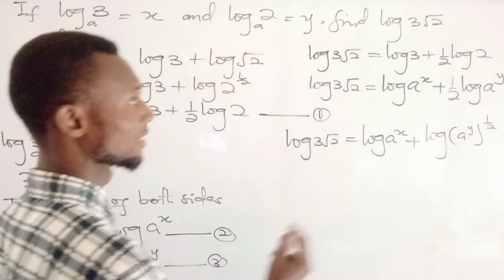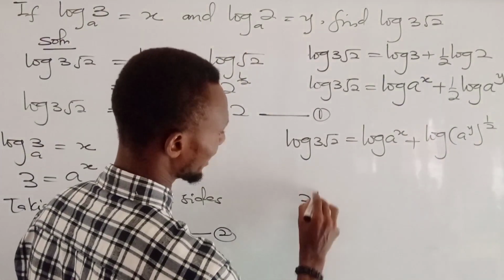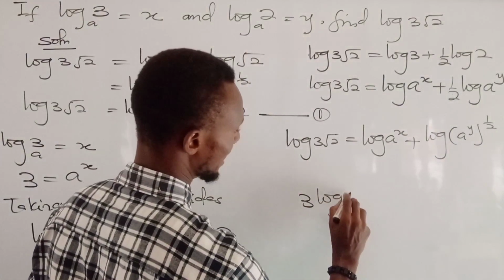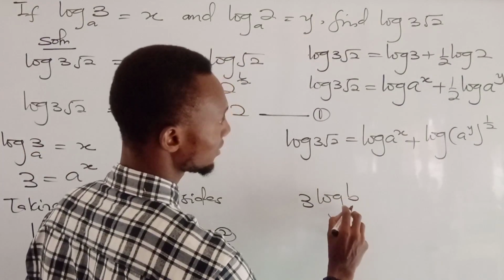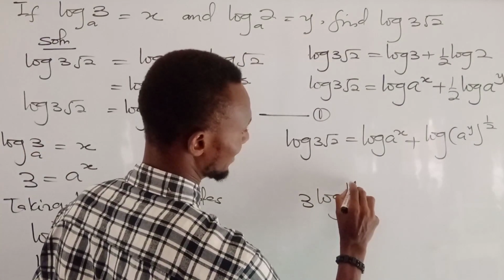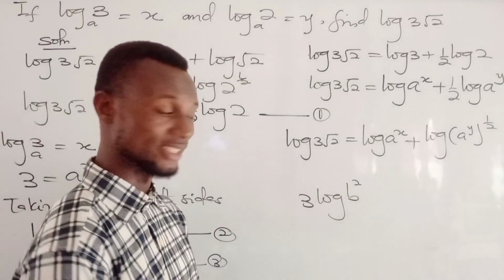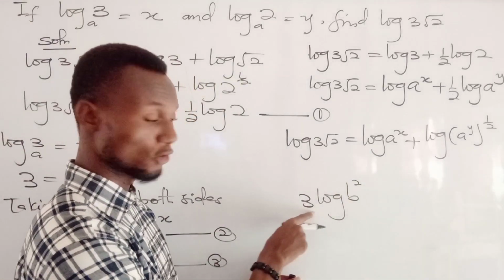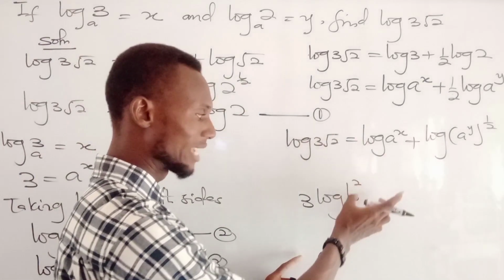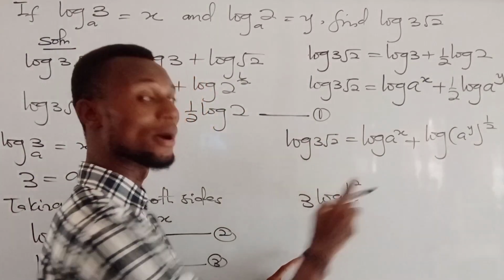It says that when you have something like this, let's say I have 3 log b to the power 2, the law of logarithm says that this 3 which is in front here can come and become a power to this b to the power 2.